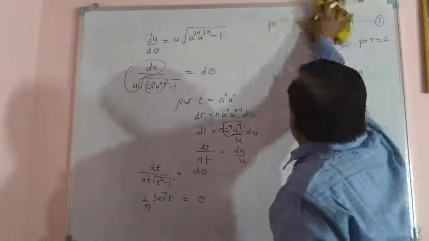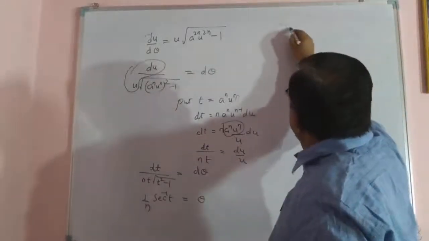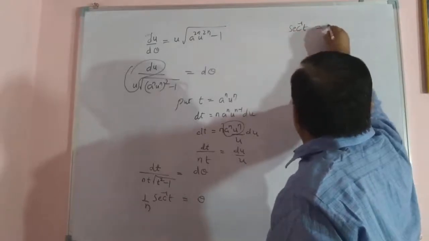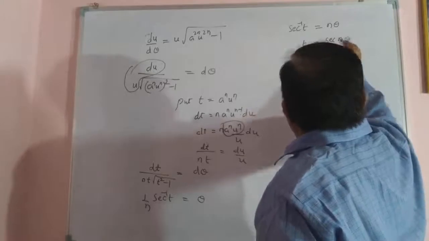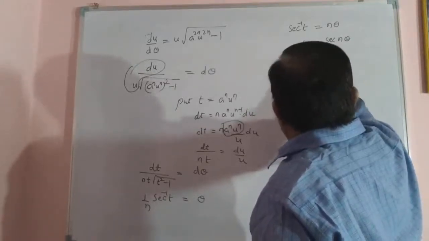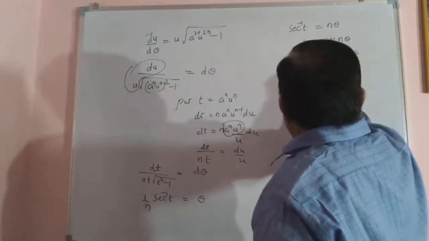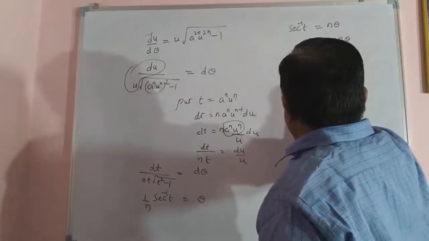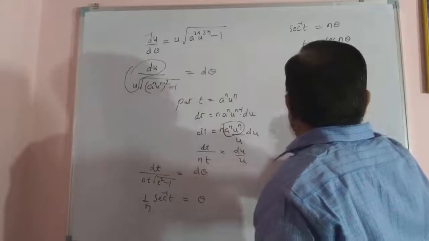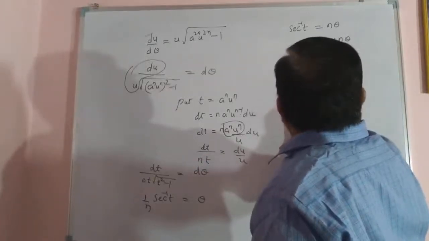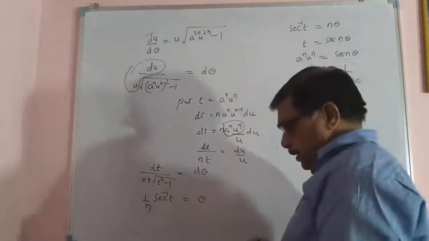Then it is sec inverse t equal to n theta, or t equal to sec n theta. t is a raised to n u raised to n equal to sec n theta. It is a raised to n, u is 1 by r raised to n equal to 1 by cos n theta, because sec is the reciprocal. a raised to n cos n theta equal to r raised to n. This is the formula.